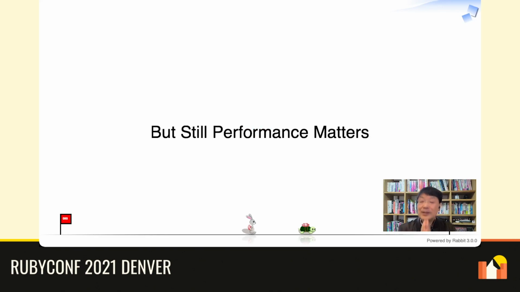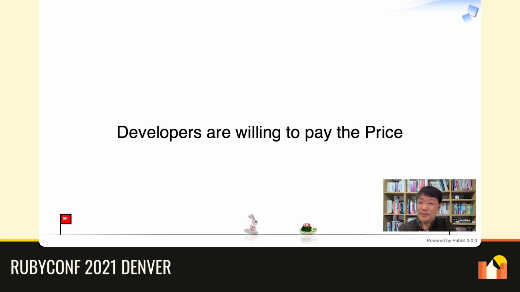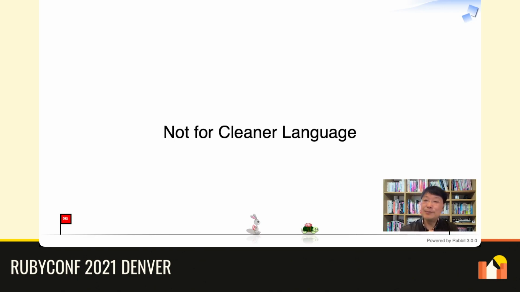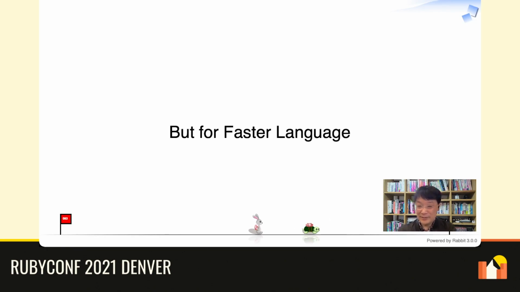But for Ruby, performance is not the first priority, but still performance matters. Developers are willing to pay the price, not for cleaner languages, not simpler languages, but for faster programming languages.